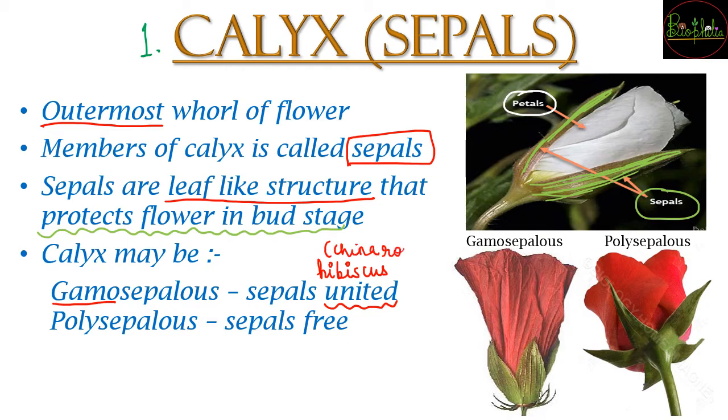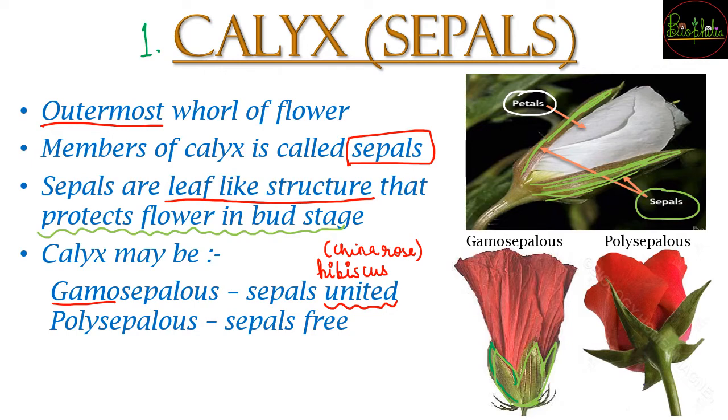So China rose, shoe flower or hibiscus, you can find such sepals which are united and called gamosepalous. You can see in the photograph as well that these particular sepals are fused, united at the lower part.